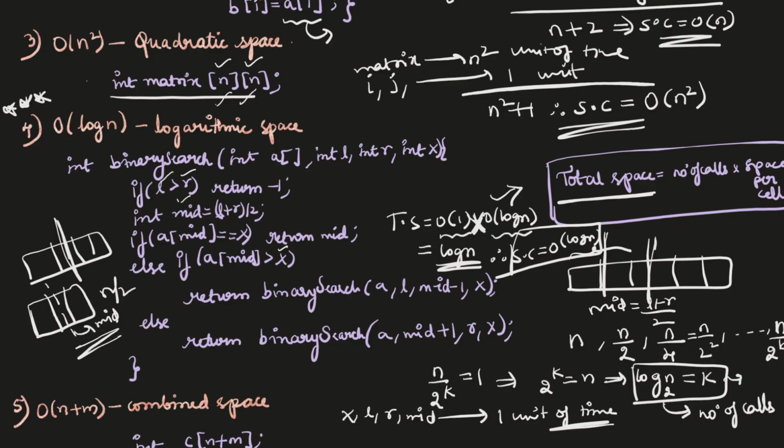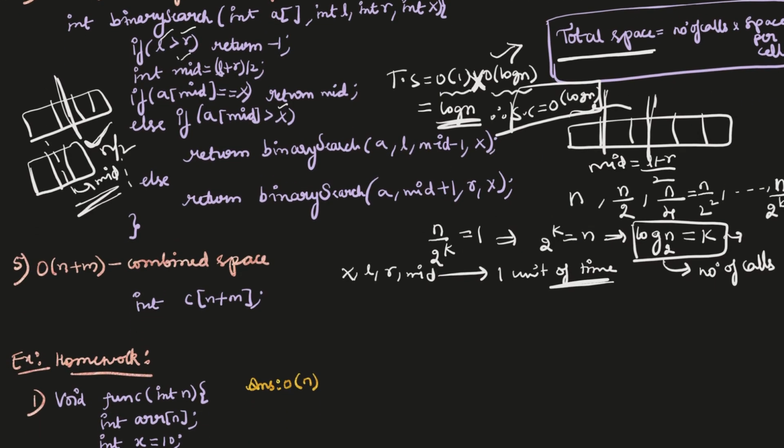So that's the reason each time it would get half. So this is one logic to remember before solving the space complexity. That's the reason we find out the number of calls and then space per call. That's how you find the total space.